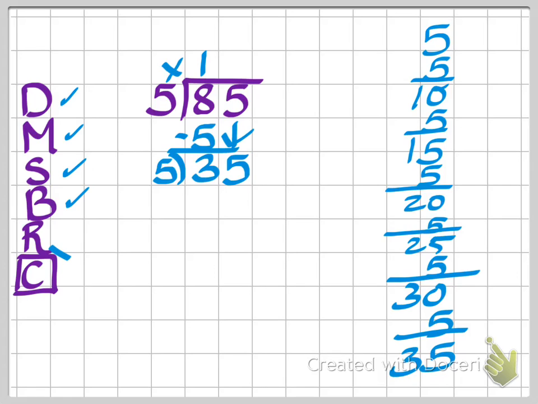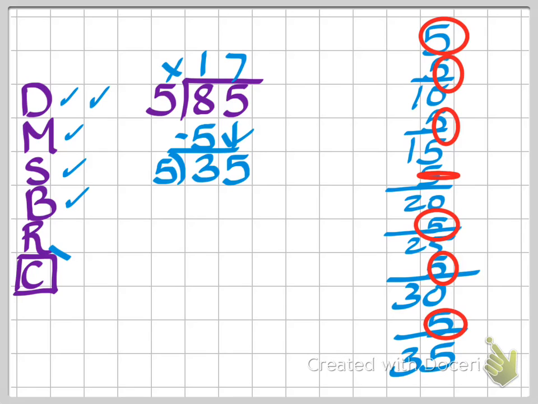Now we see how many 5s we have in 35. Go ahead and count just the 5s that you added. There are 1, 2, 3, 4, 5, 6, 7 5s. So how many times does 5 go into 35? That would be 7. So again, we divided, check.